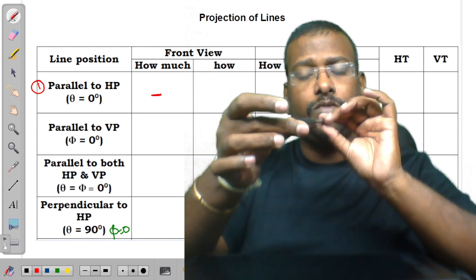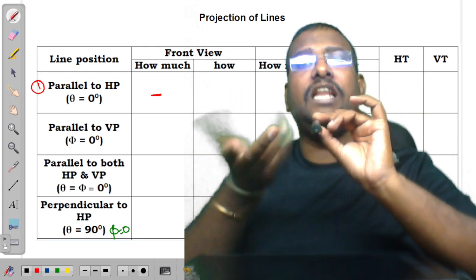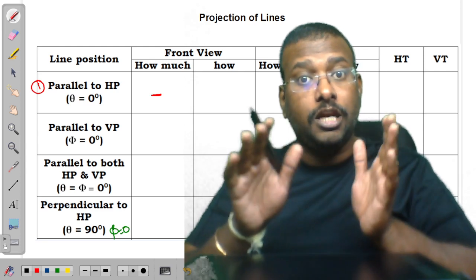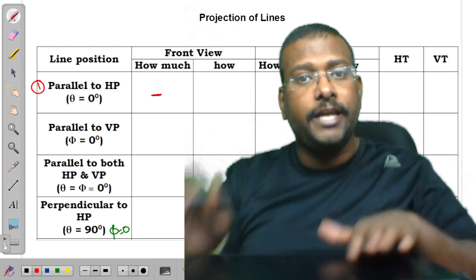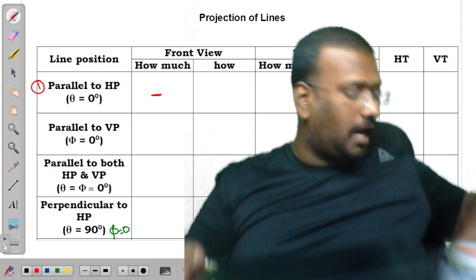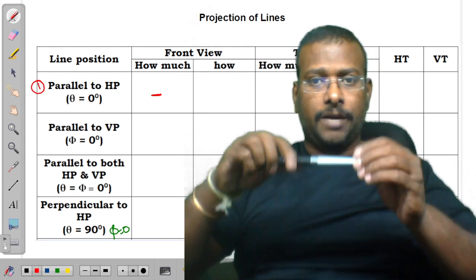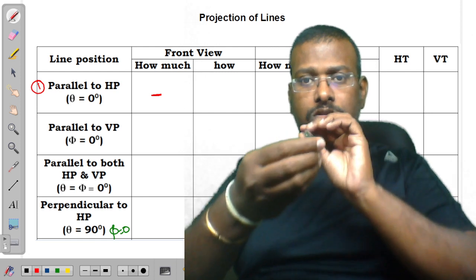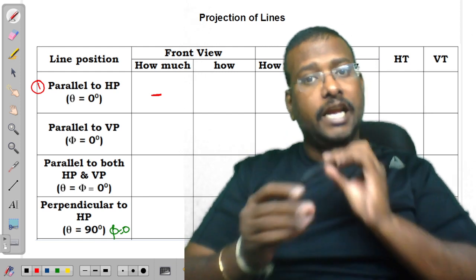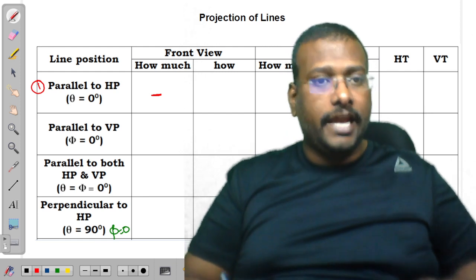In this case, it is parallel to the XY line but the length is 0. I am not asking how much; I am asking how. In whatever situation, once it is parallel, there are 3 possibilities, and in all 3 cases it is parallel to the XY line.